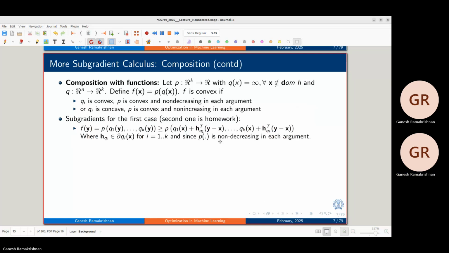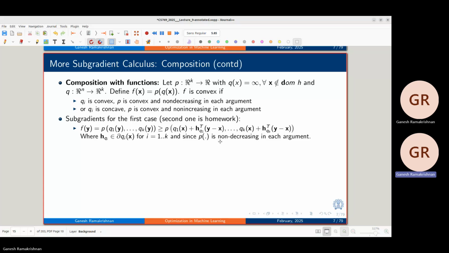Now, can I do something here? Can I take one more inequality down? That will be the key. Instead of just saying I'll add something to the right hand side, I'll say this: the P of this argument will be greater than or equal to P of, so what is this argument?